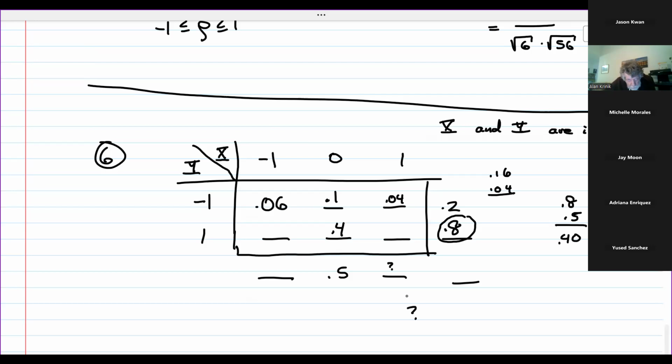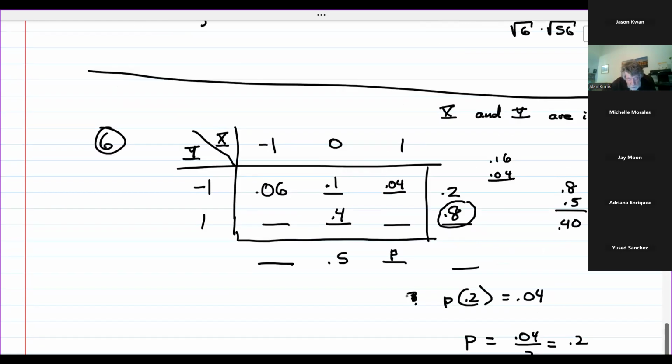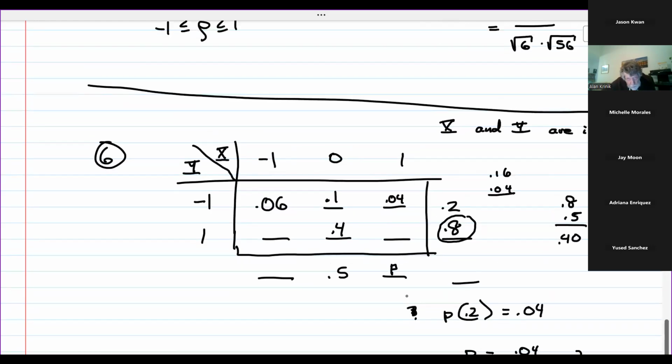What should we call it? It doesn't matter. Let's call it P for probability. So whatever P is, if you multiply it by 0.2, you should get 0.04, which means P is really what? 0.04 divided by 0.2, which is what? 0.2 itself. So P is 0.2.